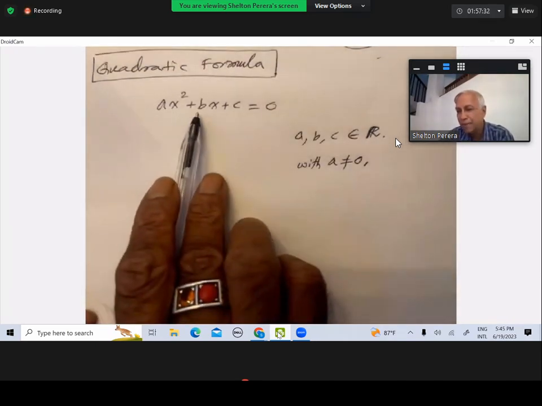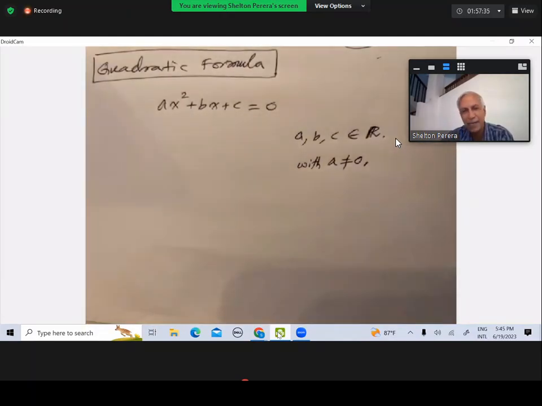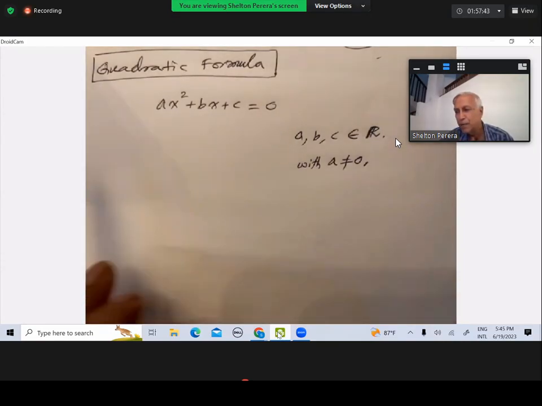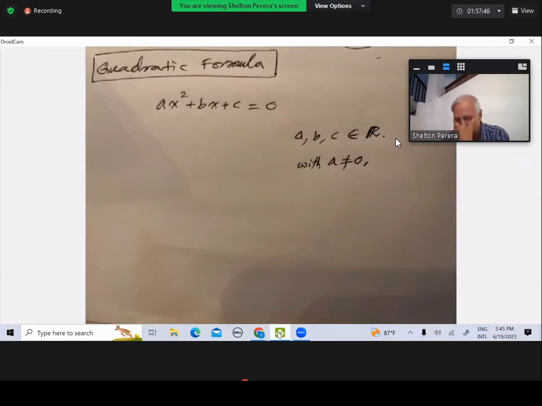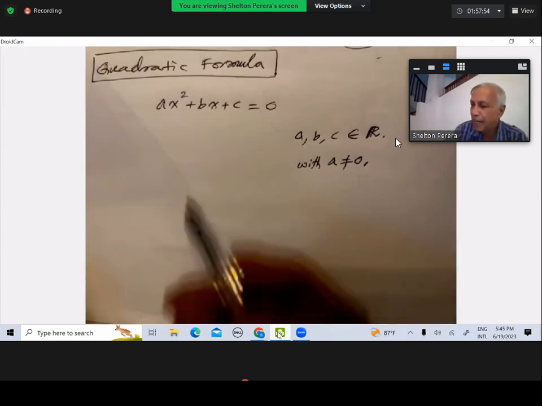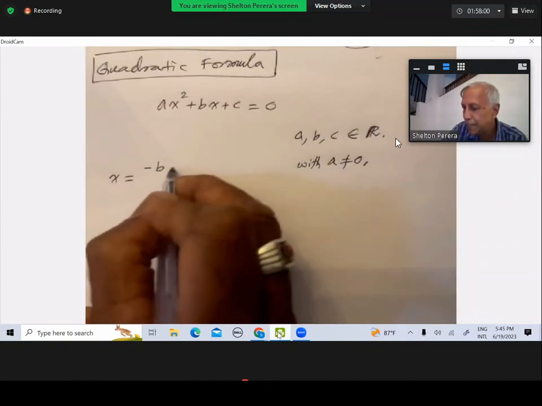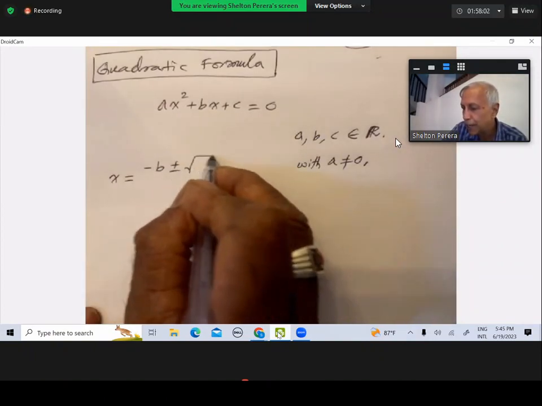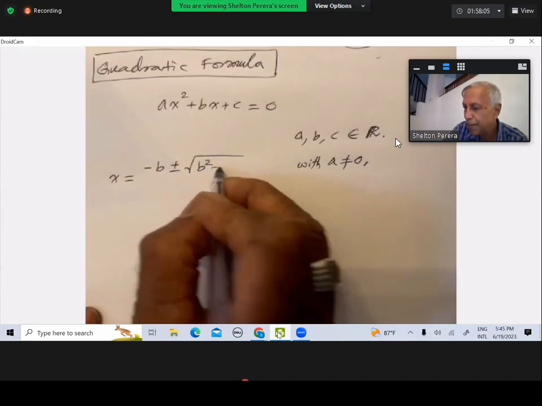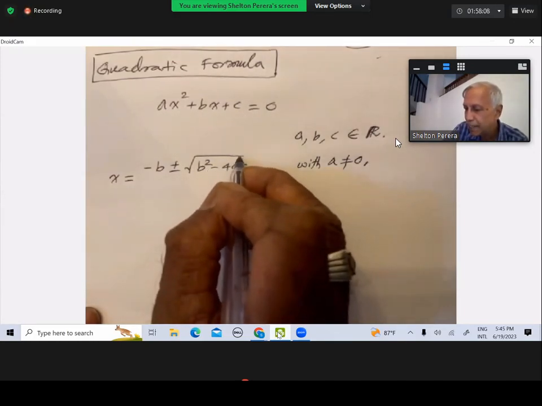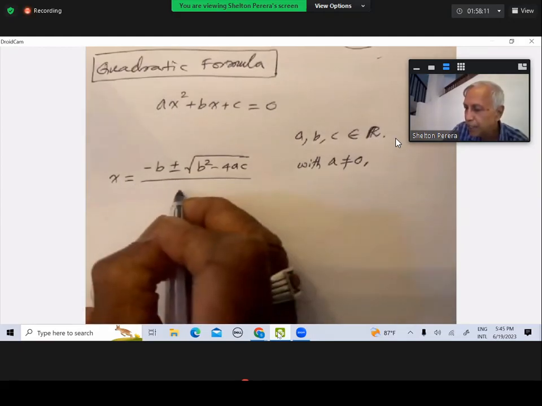You take half the middle term, first factor a out, and then take half the coefficient of x together with x plus b over 2a whole thing squared and use the square root method to write down answers, which will turn out to be x equals minus b plus or minus square root of b squared minus 4ac over 2a.